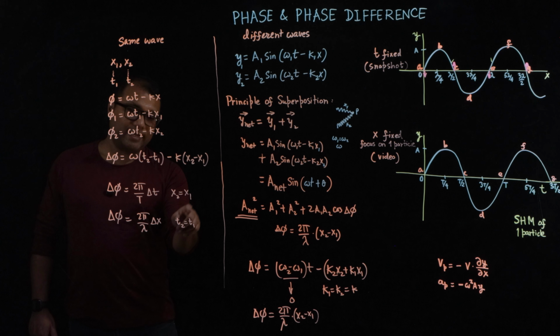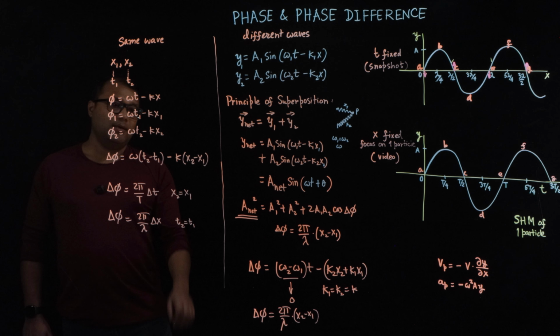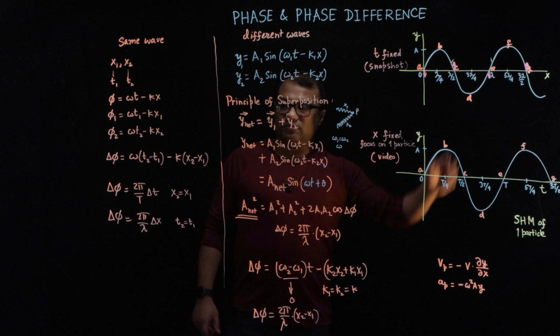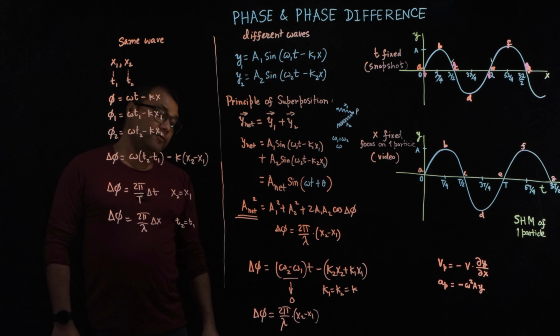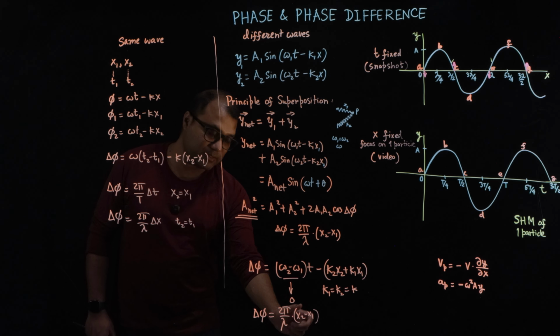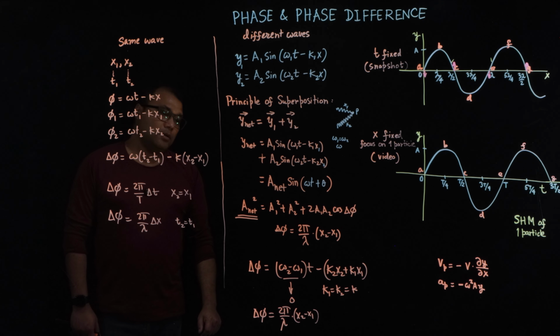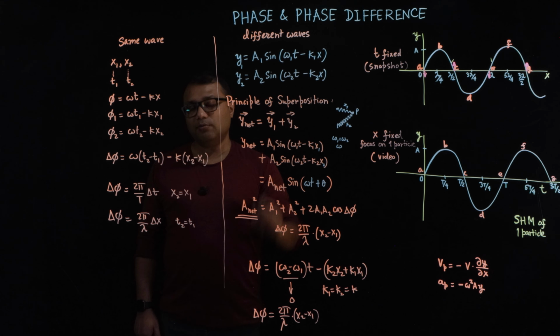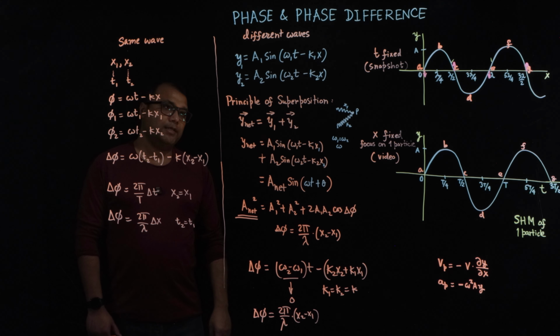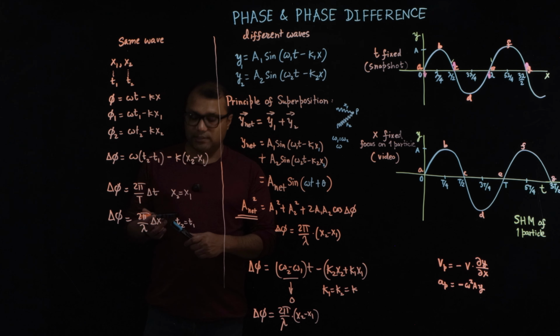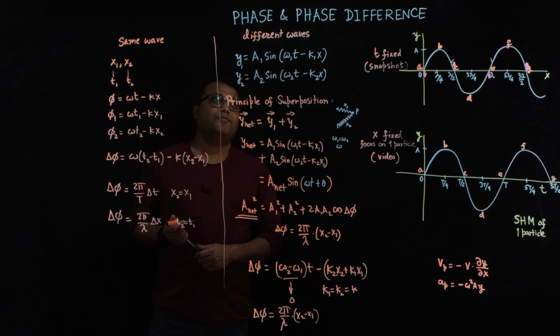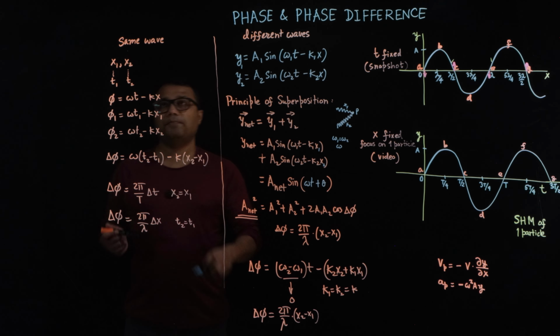Here we don't call delta x path difference, that is distance difference, because we are talking about the same wave. But if we are talking about two different waves, then we can call this path difference. Okay, so regardless, we'll talk more about this in detail in interference, but now you should have a fair idea of what a phase is and what phase difference is. Okay?